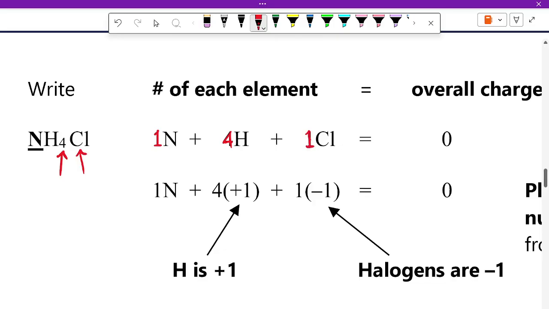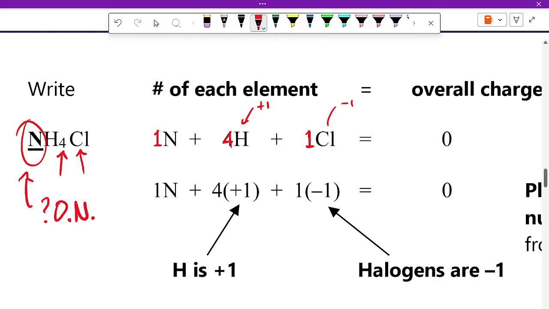We are being asked to find the oxidation number of nitrogen. That means that we need to already know the oxidation number of hydrogen and chlorine. Do we know the oxidation number of hydrogen? Hydrogen is plus 1. Do we know the oxidation number of chlorine? Yes, it is minus 1.